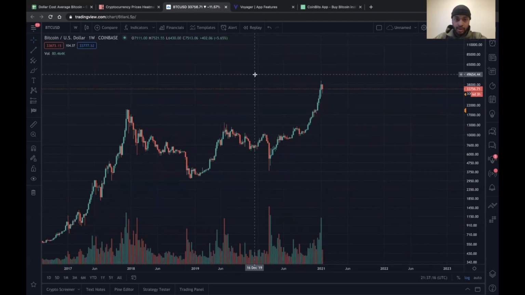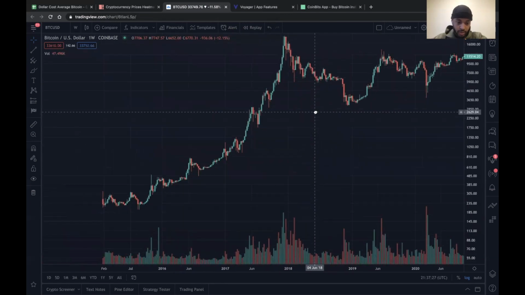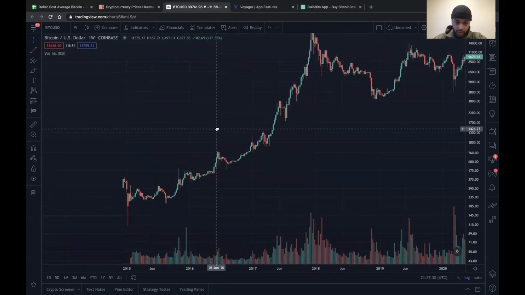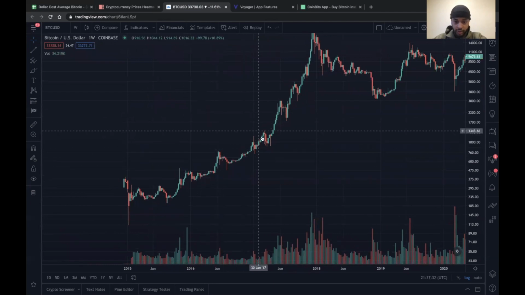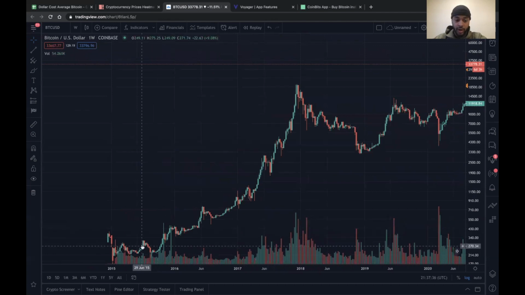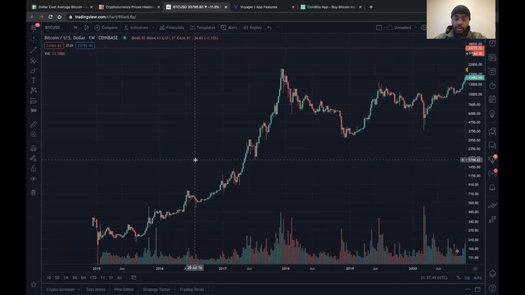It's just consistent over time, not making a big deal out of these market corrections because they happen. As you can see, you go back here to the last bull run, they happen over and over and over again. But if you're averaging in the whole time, then by the time you get towards the end of the bull run, say we're somewhere in here, well, that means you have this whole leg to go.